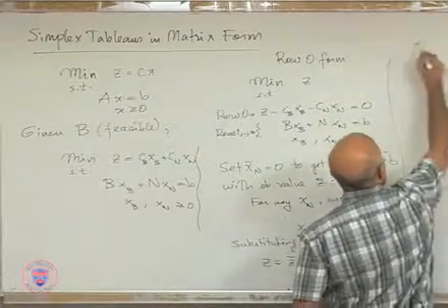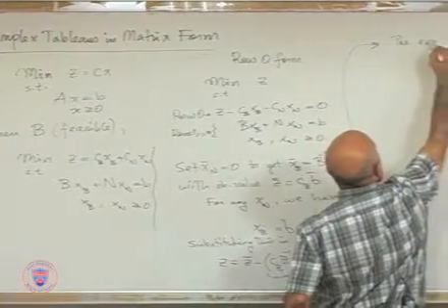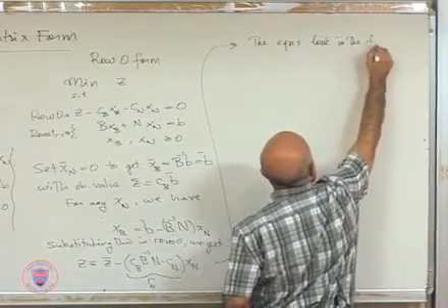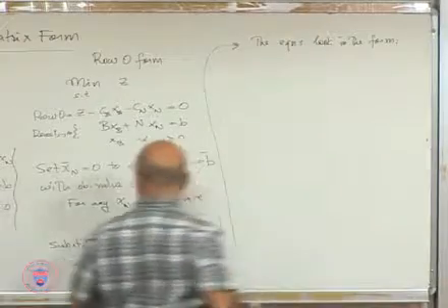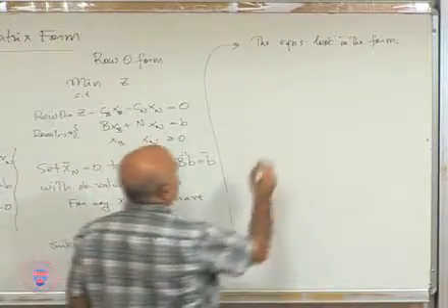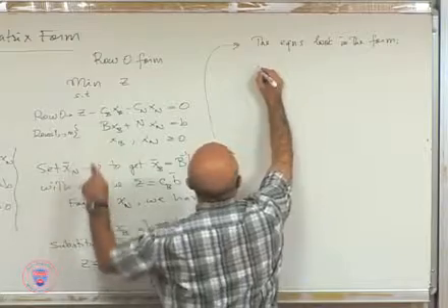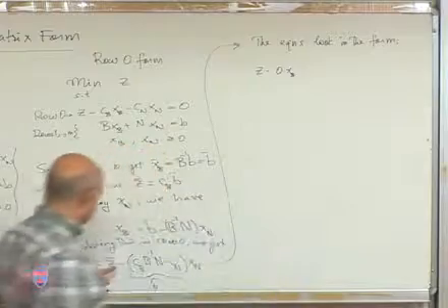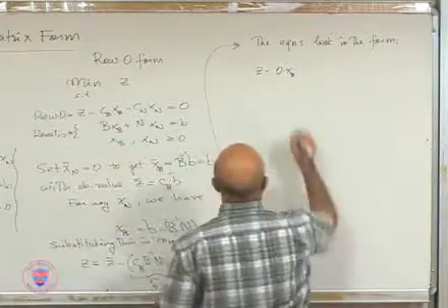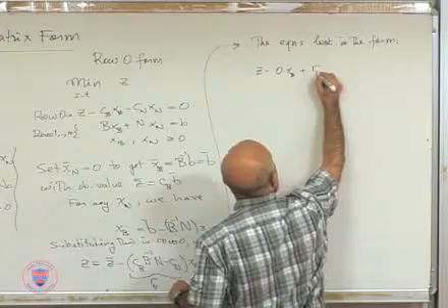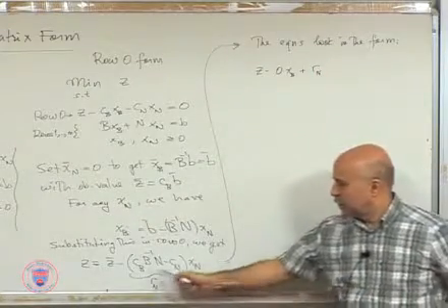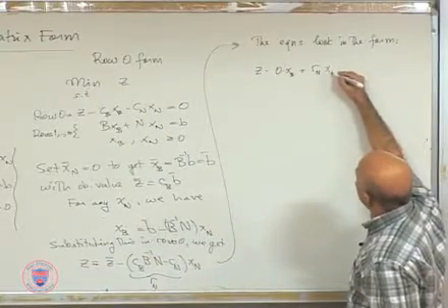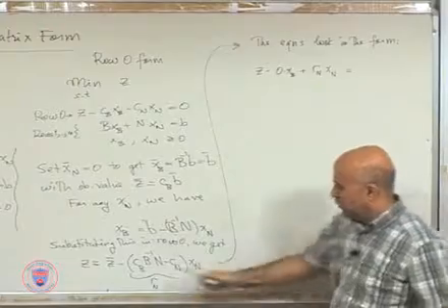And the equations with these manipulations show up in the following form. z minus a vector of zeros times x_B, plus what we called R_N, the negative becomes plus here, times x_N is equal to z bar.